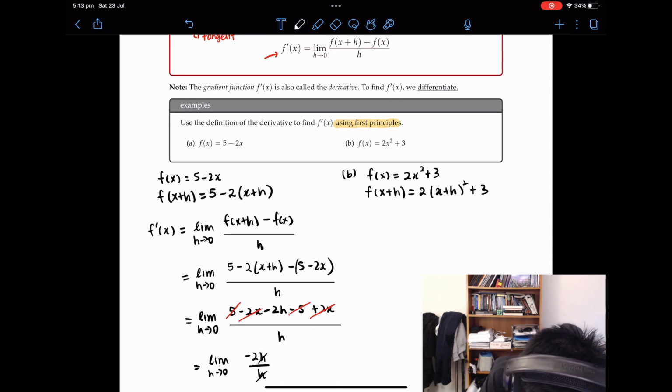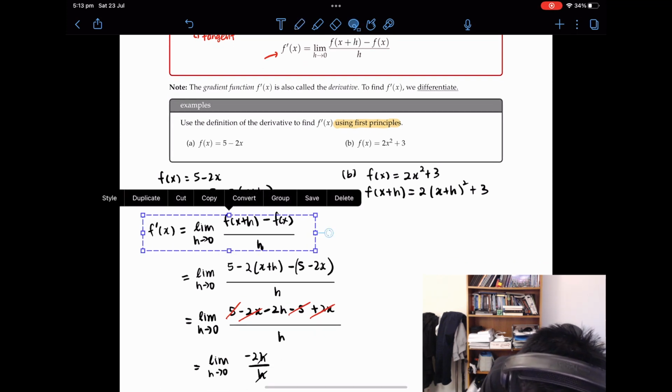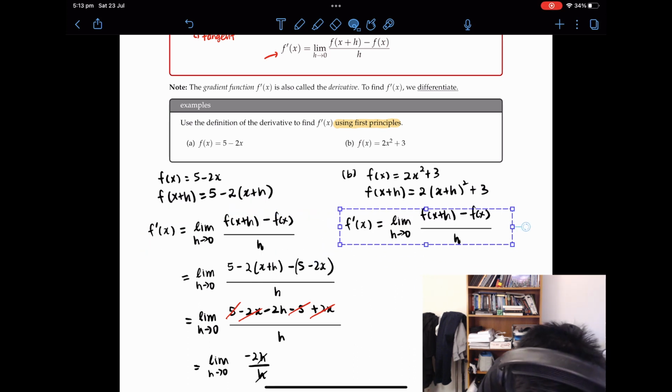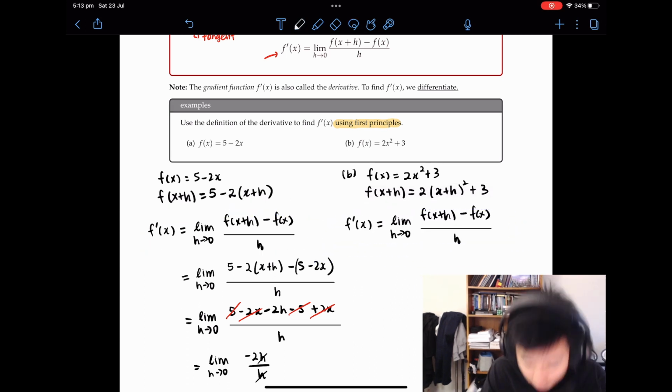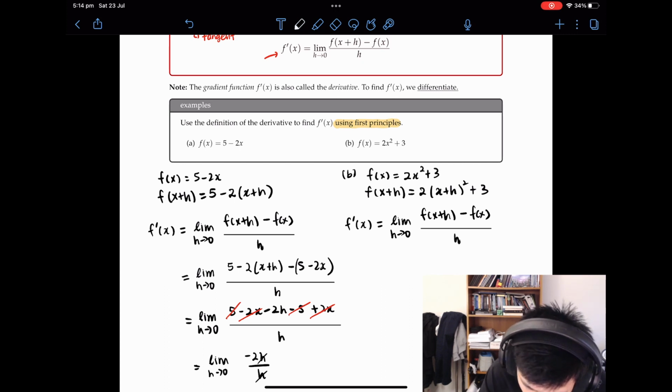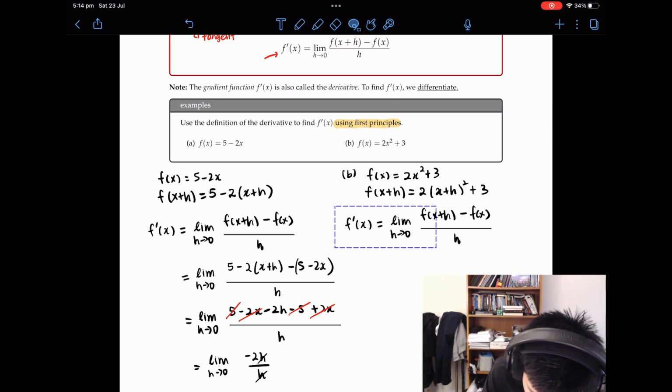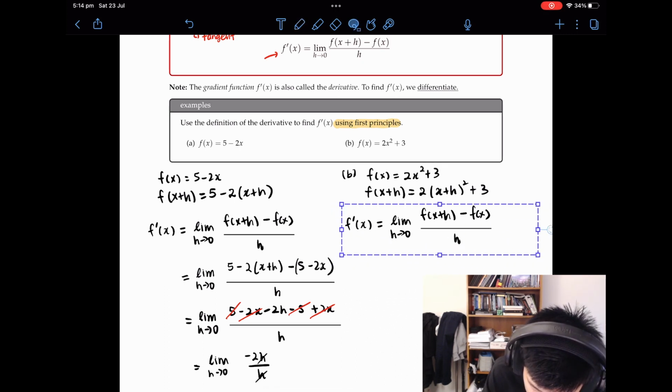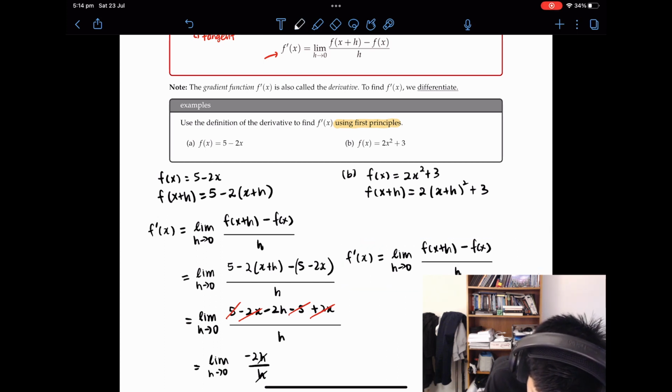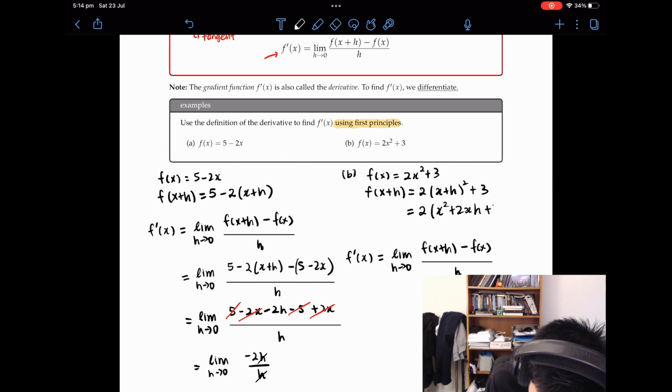Let me write down my gradient function formula. And you know what? Before I sub it in, it might be a good idea to actually expand and see what we get. So we'll get x squared plus 2xh plus h squared plus 3.